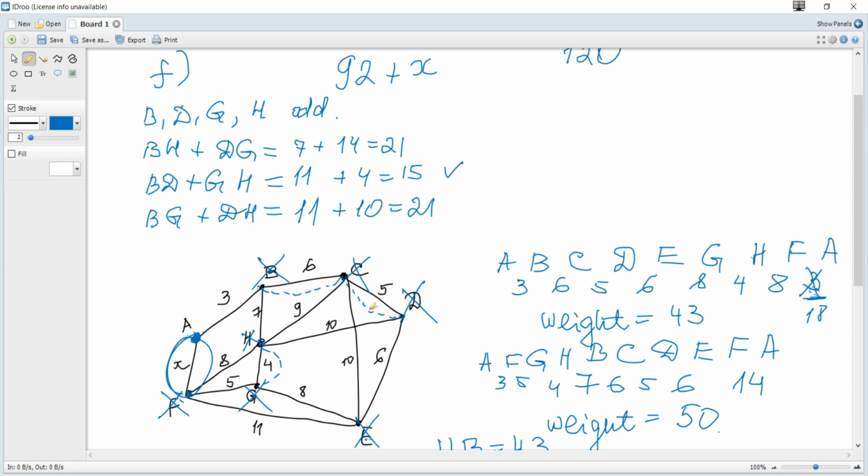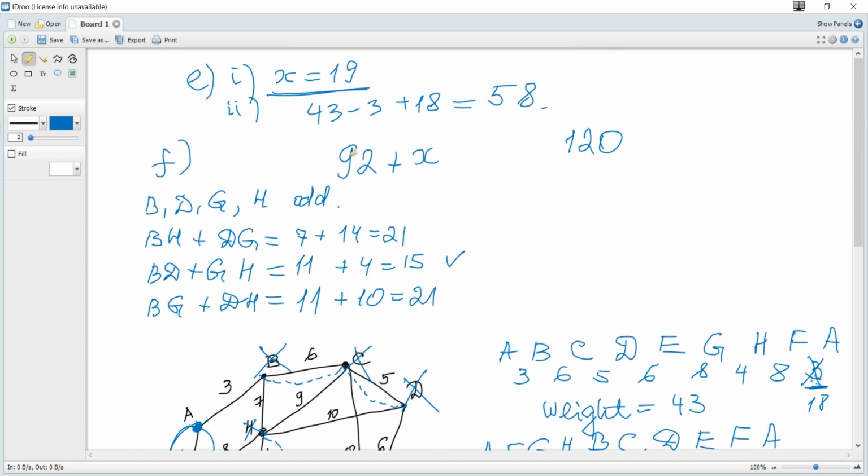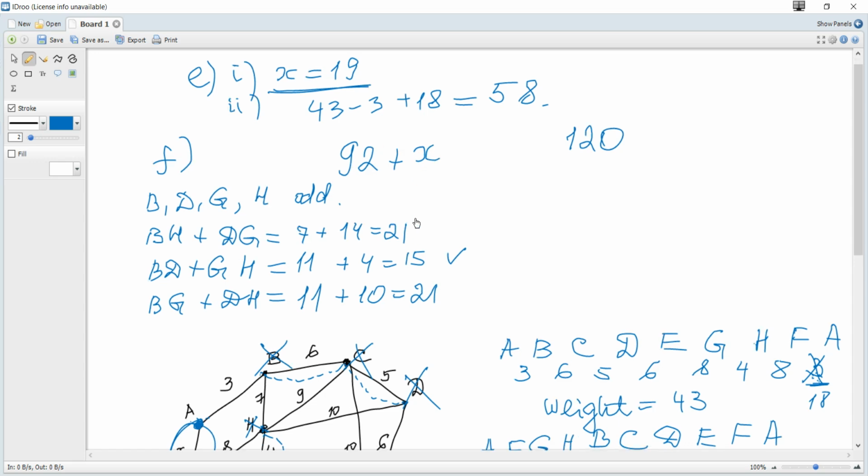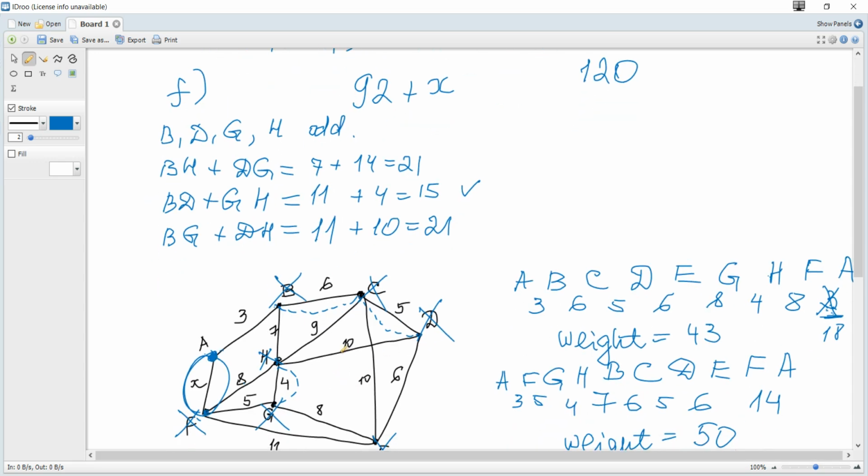And find the value of x. It is given that the total weight is 92 plus x for all edges, but there are added edges, so plus 11 plus 4, because they will be visited twice.